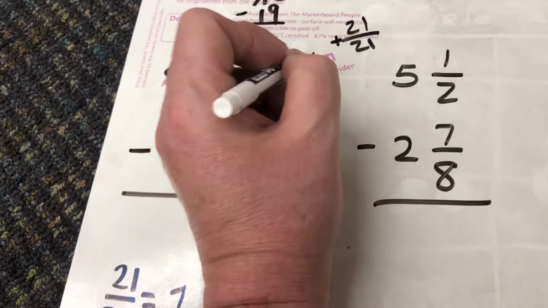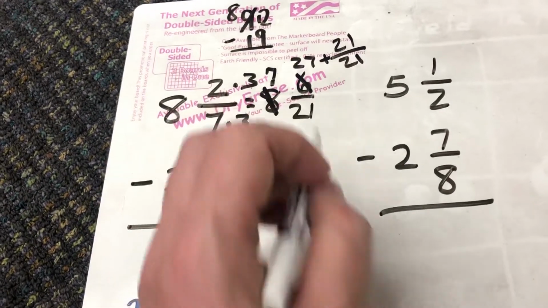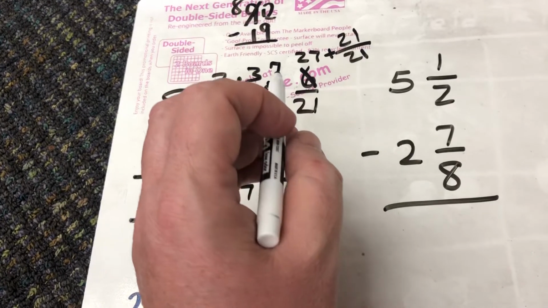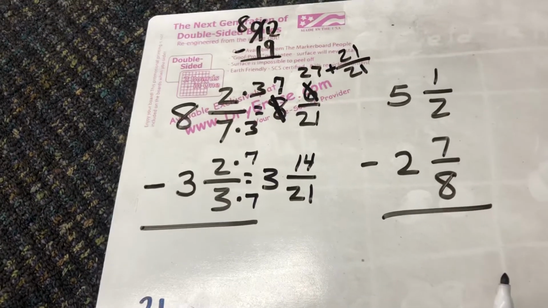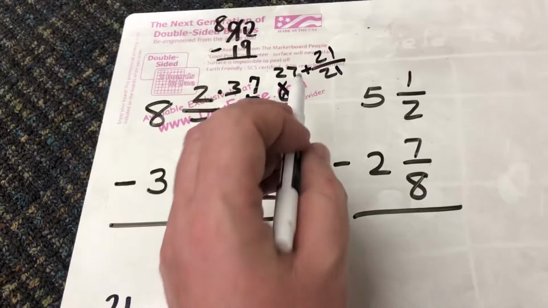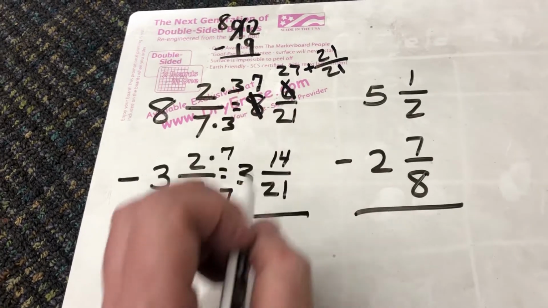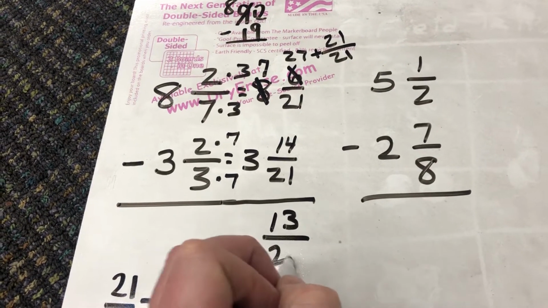And 21 plus 6 is 27, where 8 and 6 over 21 is the same as 7 and 27 over 21. But now I can go ahead and subtract, because now I have 27 minus 14. Well, 27 minus 14 is 13 over 21.